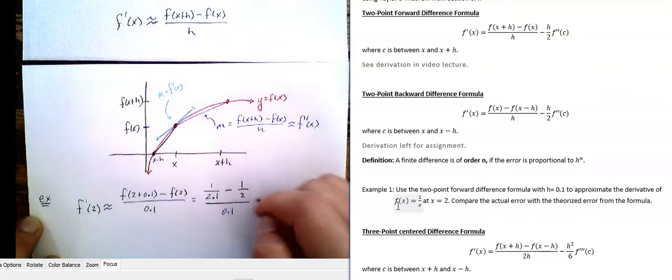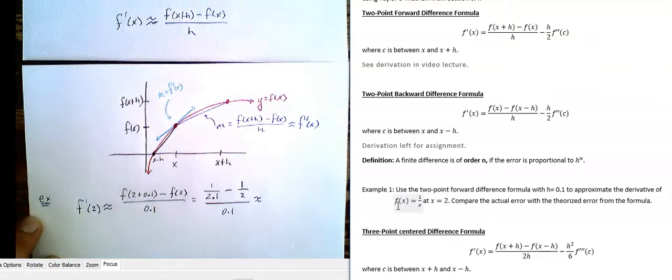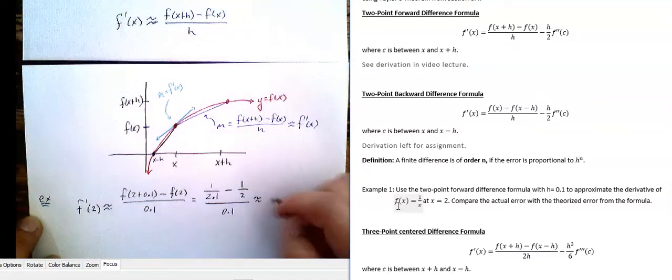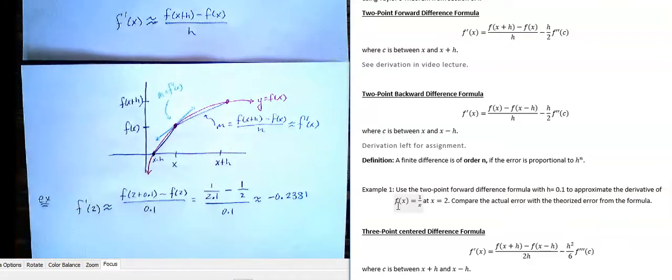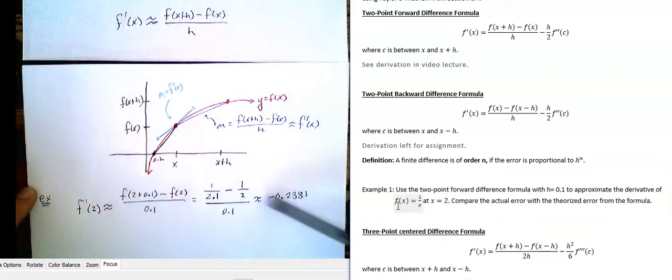So this is approximately equal to, if we use our calculator, negative 0.2381, so 4 decimal places. So this is the approximation to the derivative of this function at 2, using the 2-point forward difference formula.